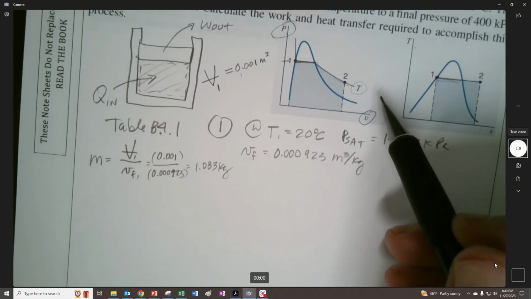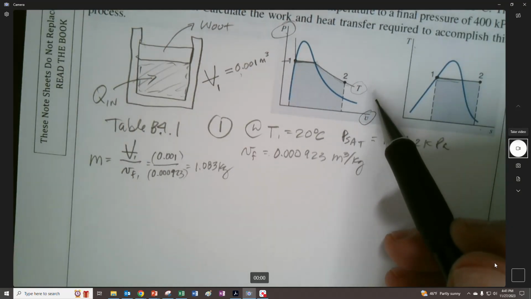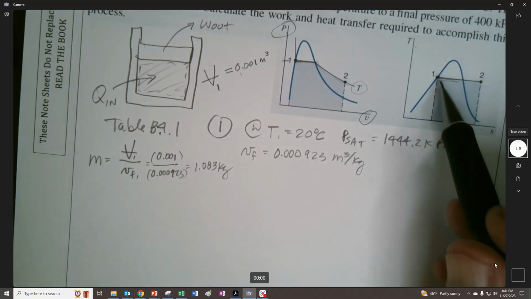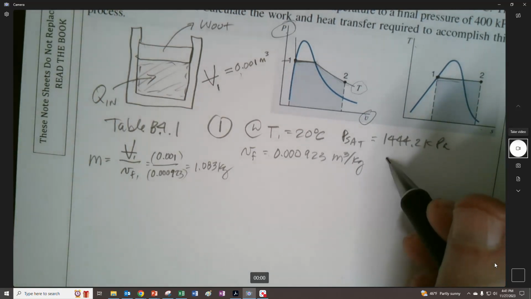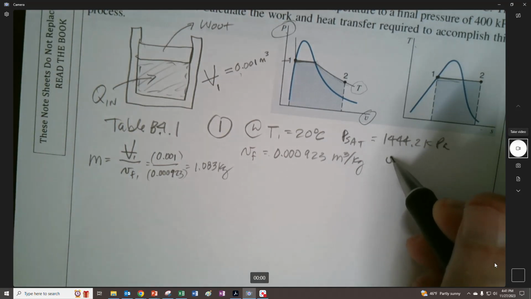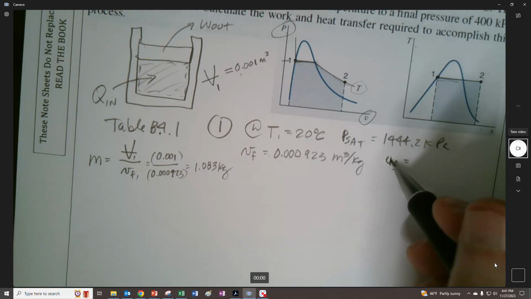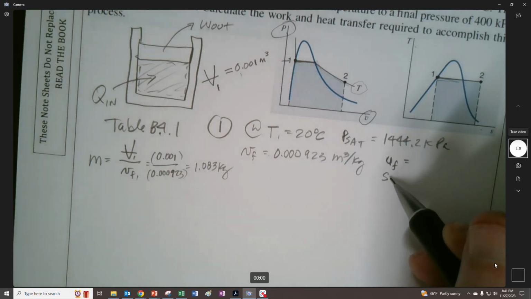We might also want to know if we need anything else from this. Yeah, I think we need U of the fluid, and we're also going to need S of the fluid.